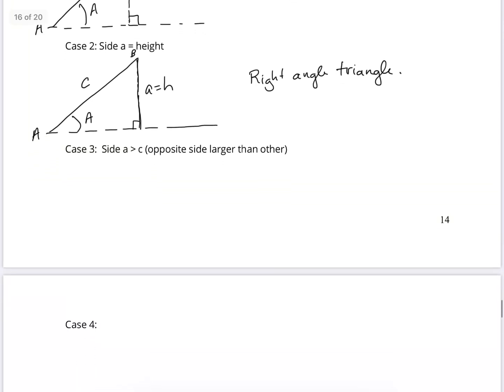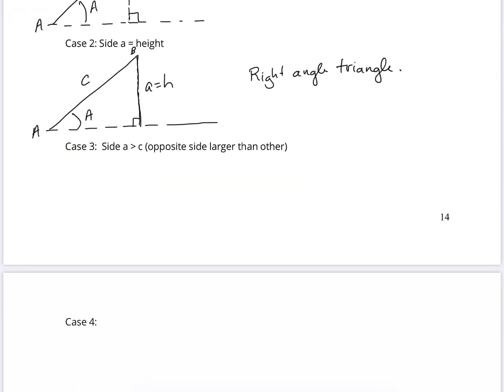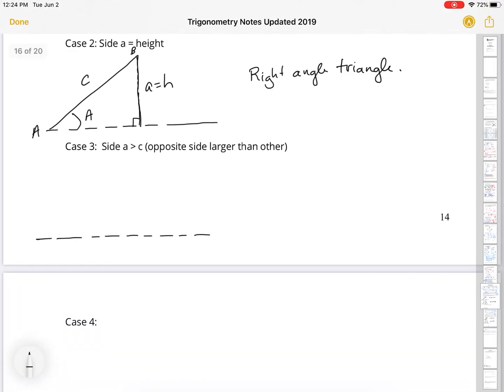There are two more situations. If we have our base, angle A, side C is there, B is right here. Let's sketch in our height.